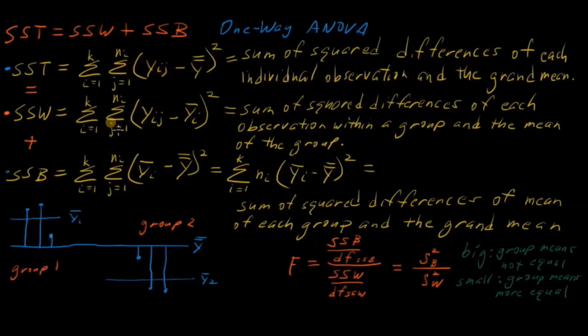Our formula says that these squared distances are equal to the sum of squared differences of each observation within a group. I color coded this red. I did two groups here.